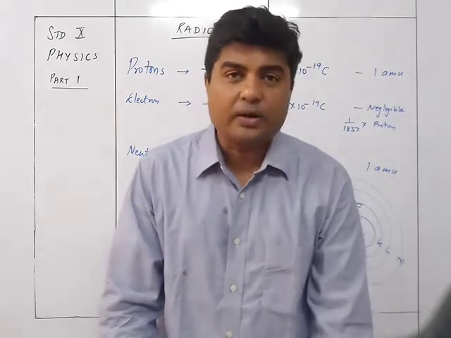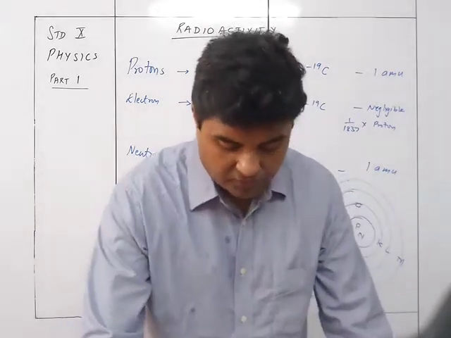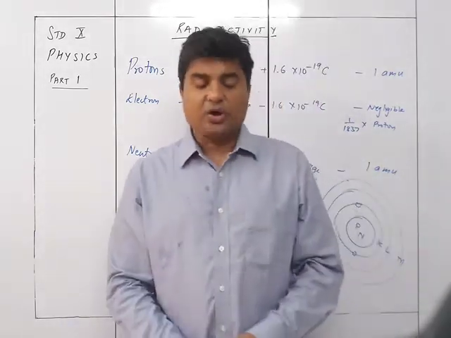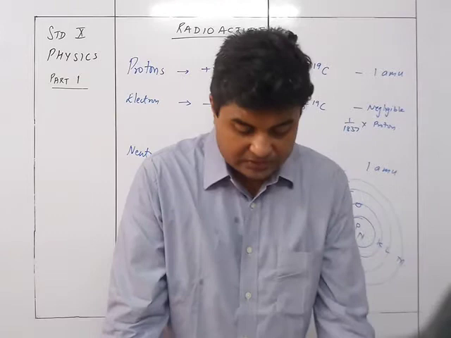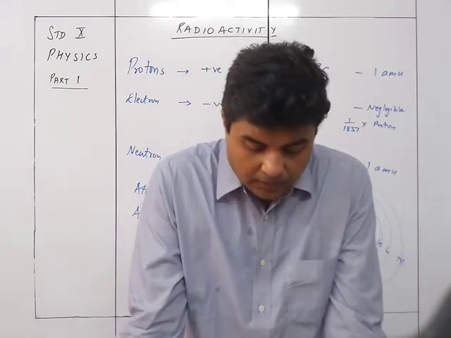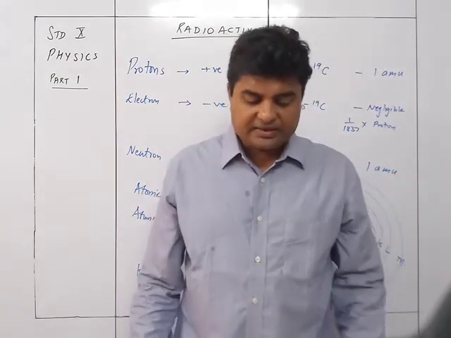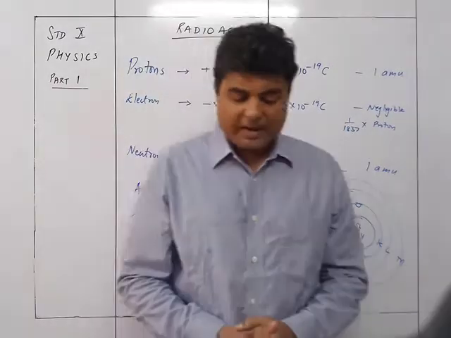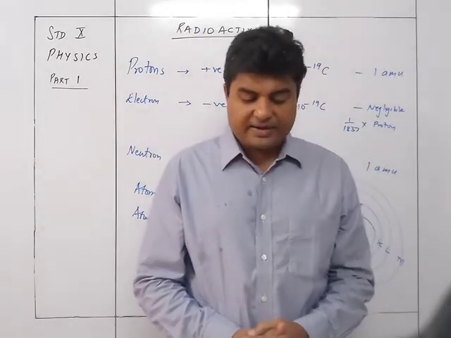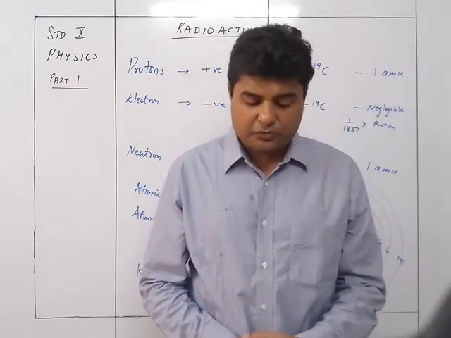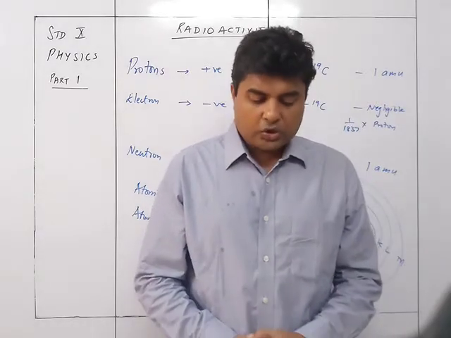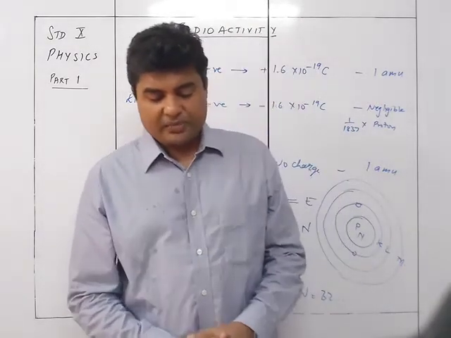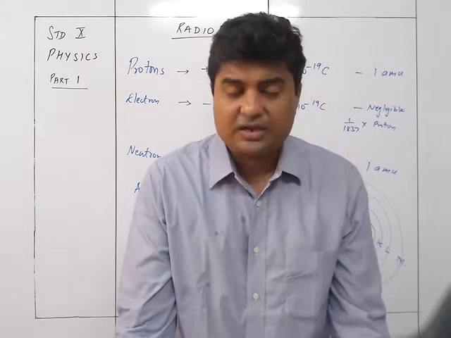So let's see what they have written over here in the textbook. Let's start with the structure of atom and nucleus. First we see the discovery of electrons by Sir J.J. Thomson and the scattering experiment of alpha particles by Rutherford and others towards the end of the 19th century led to the following structure of atom and its nucleus.